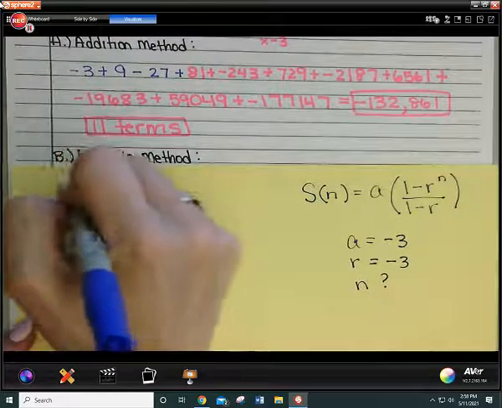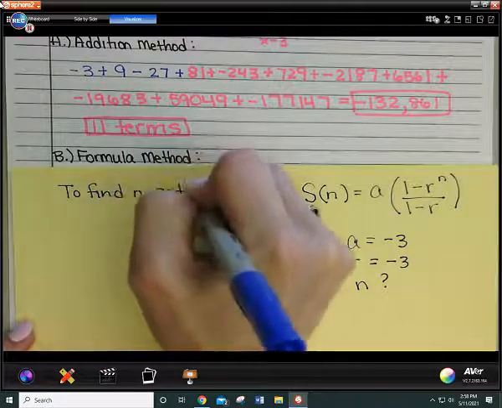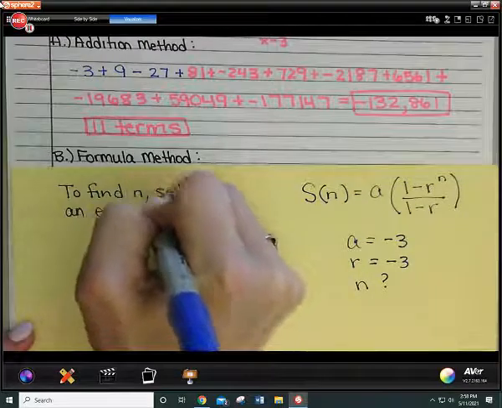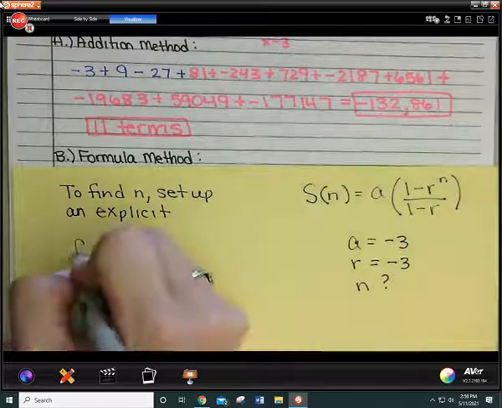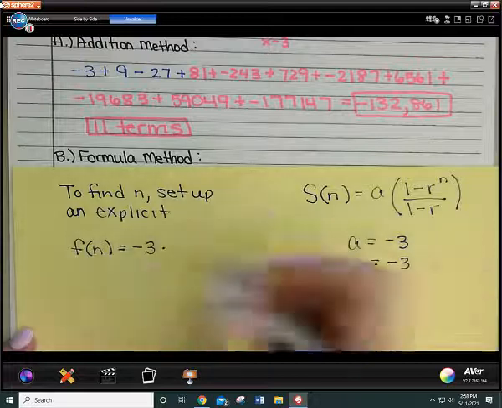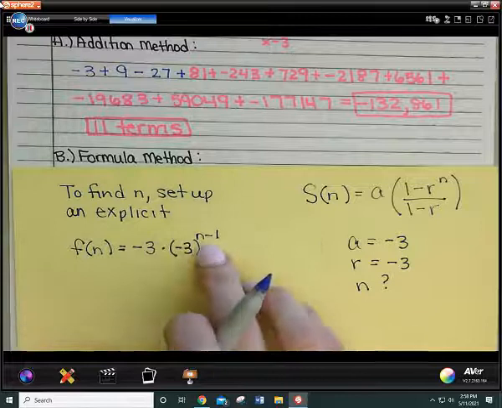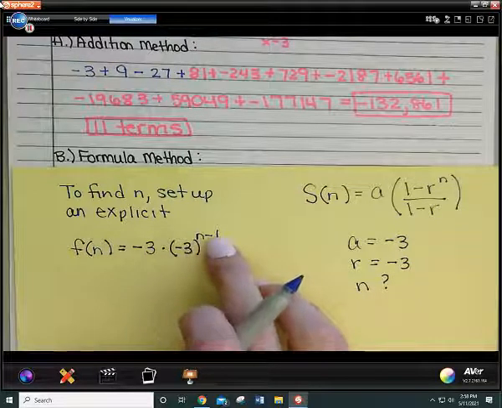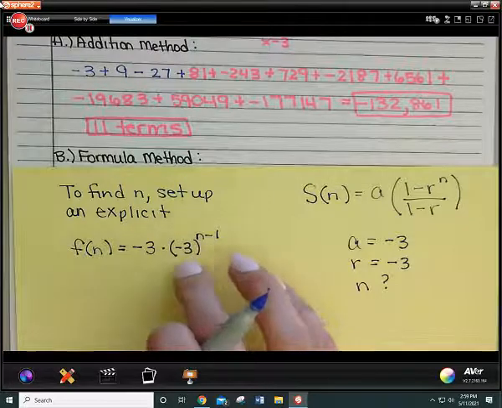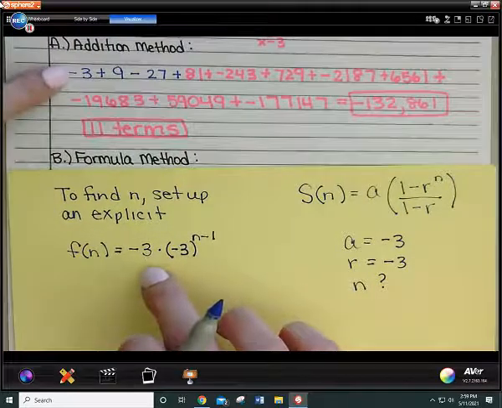So to find n, set up an explicit formula. So f of n equals -3 times -3 to the n minus 1. And again, if I plug in a 1, 1 minus 1 is 0, -3 to the 0 is 1, and 1 times -3 is the -3.